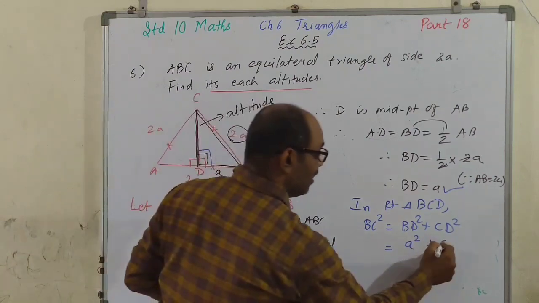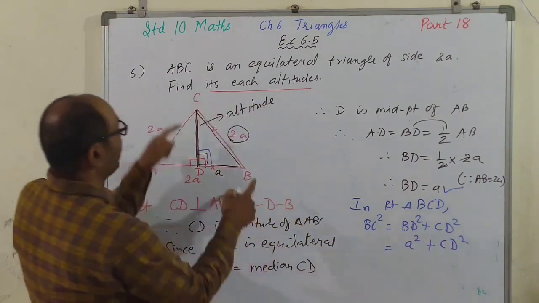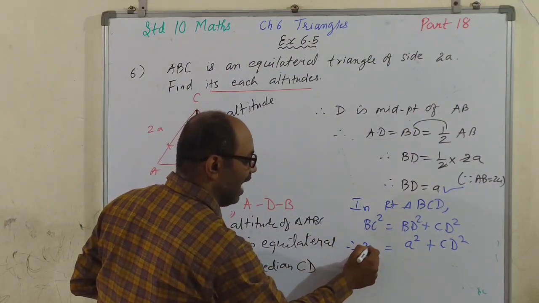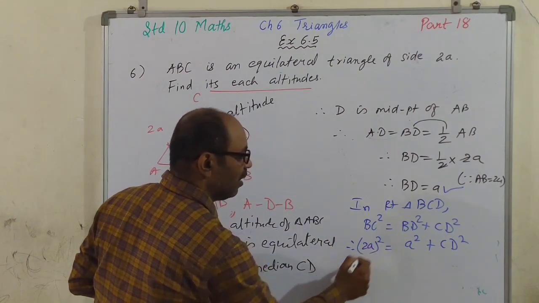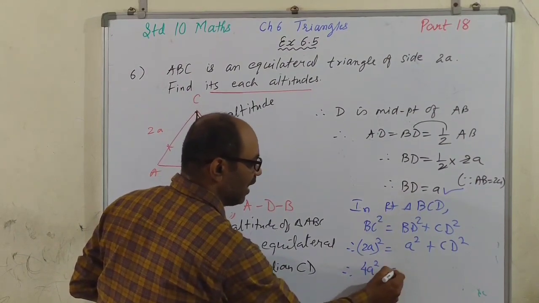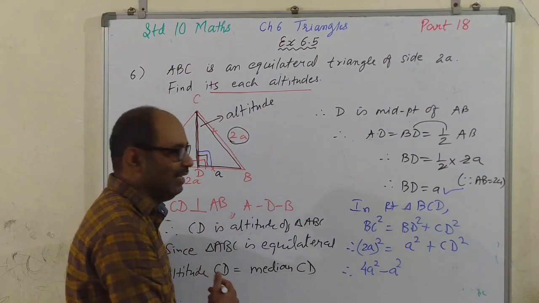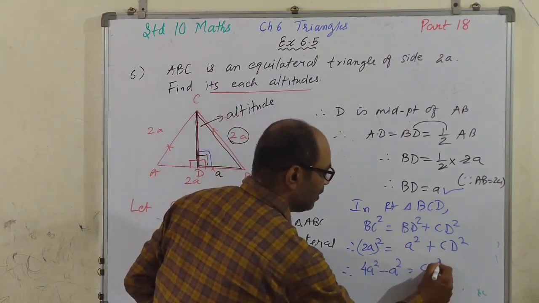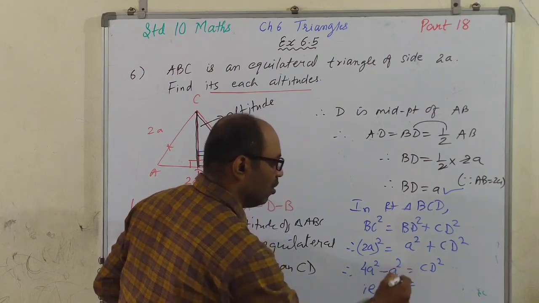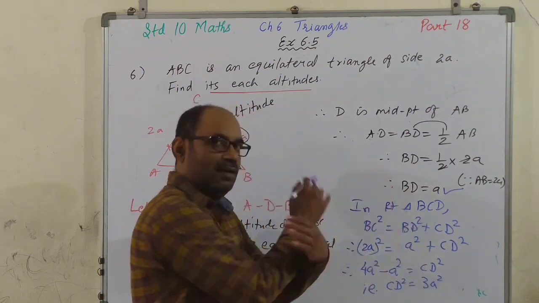We have to find CD. What is BC? 2A. So here BC is known. So we'll put that 2A square. Right? 2A square is 4A square. Bring this A square on one side. सगा संबंधी एक बाजू करो. Right? That is equal to CD square. i.e. CD square is equal to 3A square.